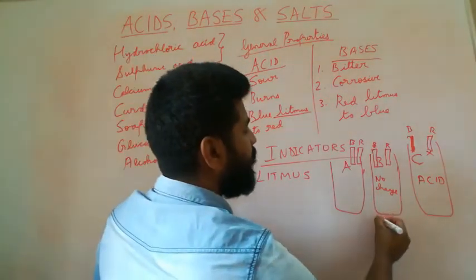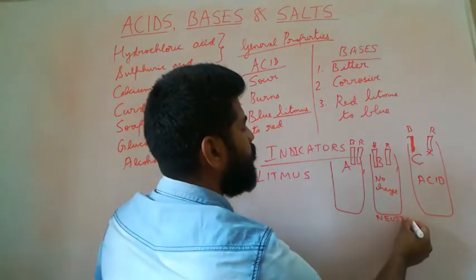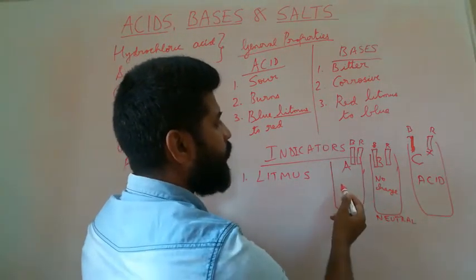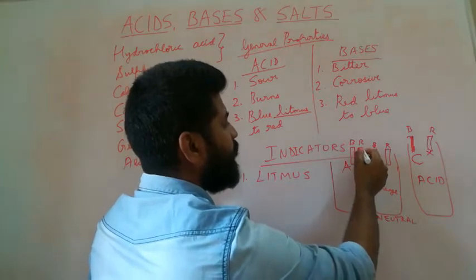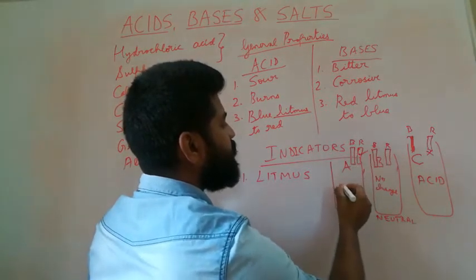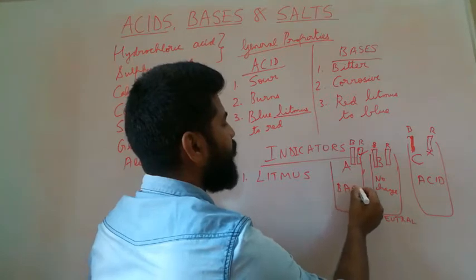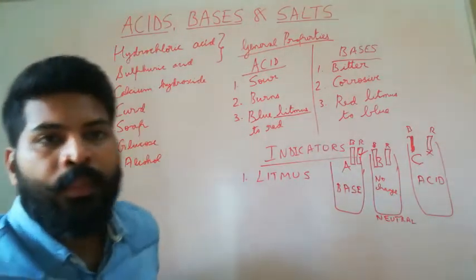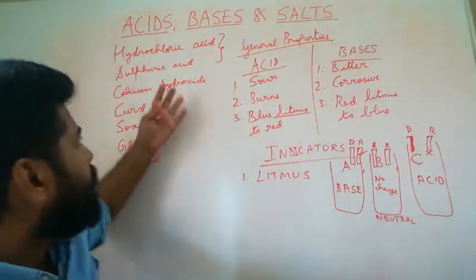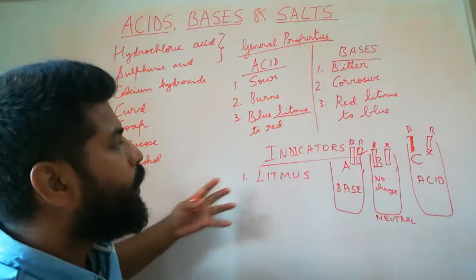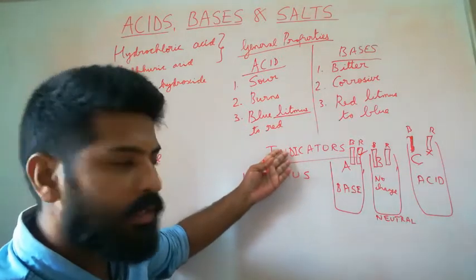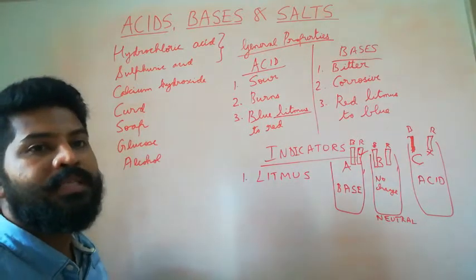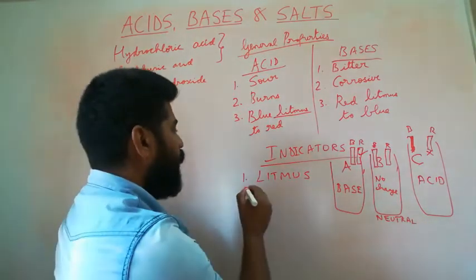So we can say that this is a neutral substance, and in test tube A we find that the red litmus shows a change in color to blue. So we can say that this substance is a base. So when substances are given to you, using the help of indicators, that is litmus paper, we can tell whether the given substance is acid or a base.